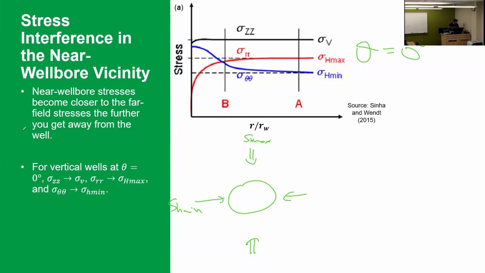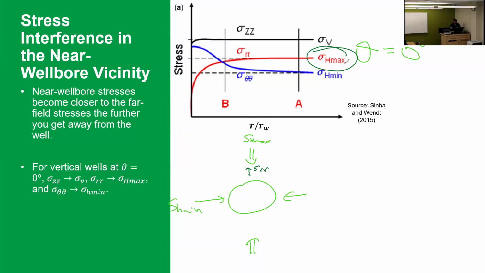You can understand that by drawing the configuration I mentioned in the previous slide. If I come here and I want the stresses here, this will be the direction of sigma RR, which is in the same direction as SH max, right? And this is what you see here.